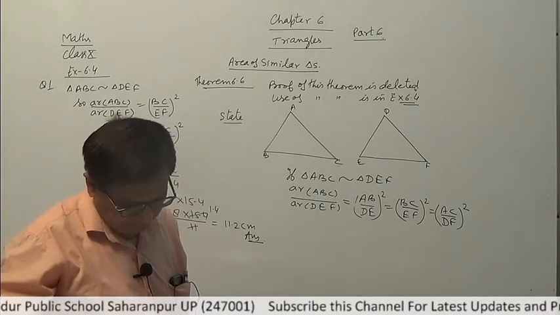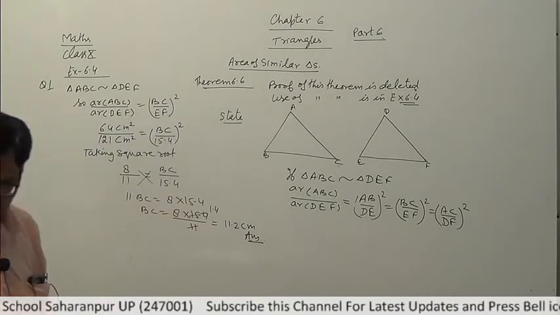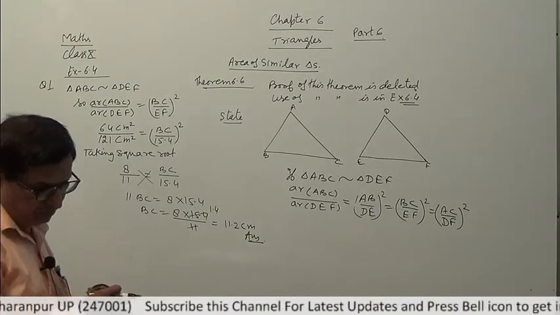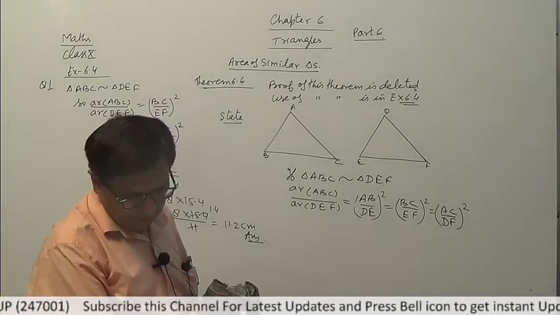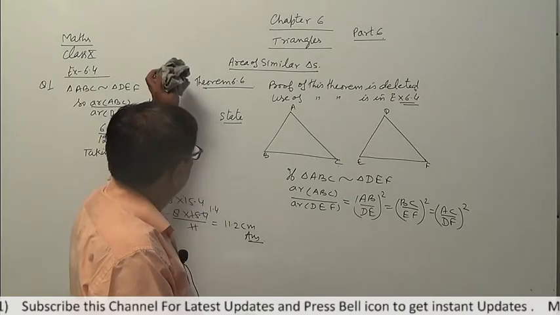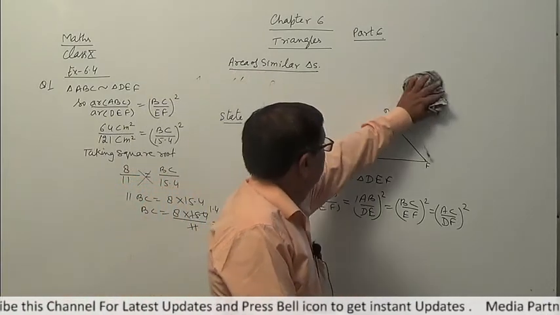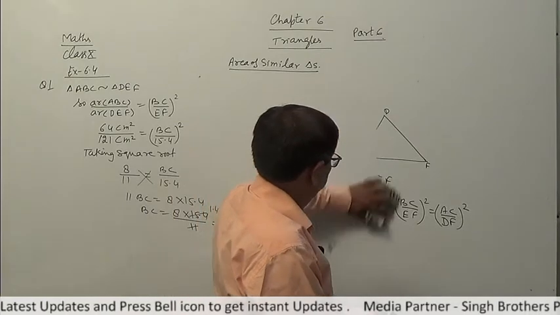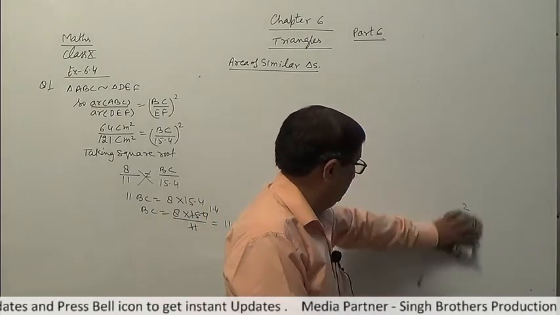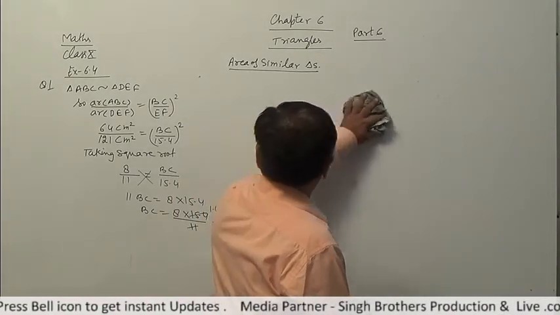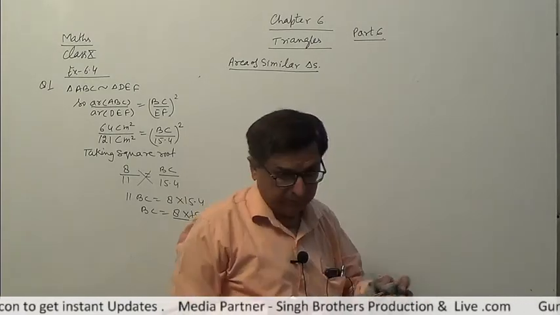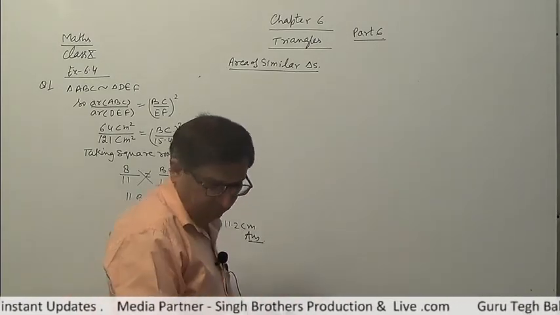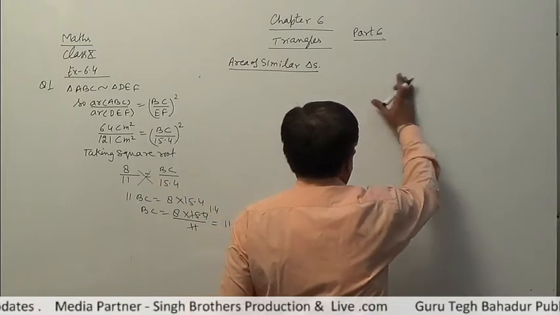Diagonals of trapezium ABCD with AB parallel to DC. This is a trapezium.